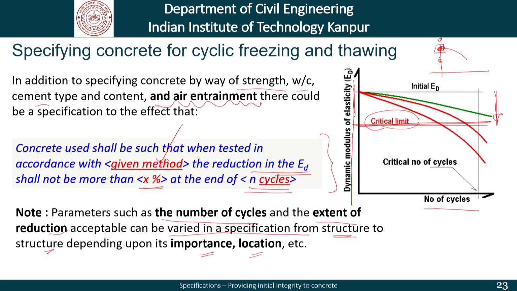So, depending on its location and its importance, we can have different values of x and different numbers of cycles. That is how we can work as far as writing specifications is concerned when we expect the concrete to be exposed to cyclic freezing and thawing.